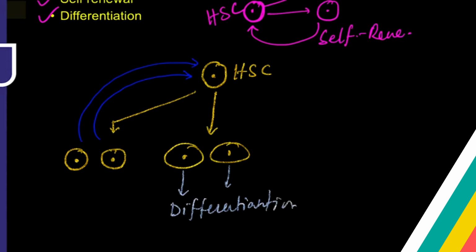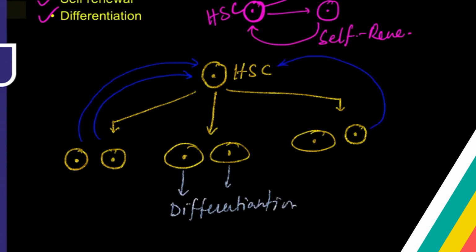And in the third type, hematopoietic stem cell will divide in such a way that one of them will remain the same character like that of the mother cell and one of them will not maintain the mother cell character. So the cell which is maintaining the mother cell character will join the hematopoietic stem cell pool. So this is again self-renewal, like here also self-renewal, but the other cell will follow a different path and this is nothing but the differentiation of the cell.